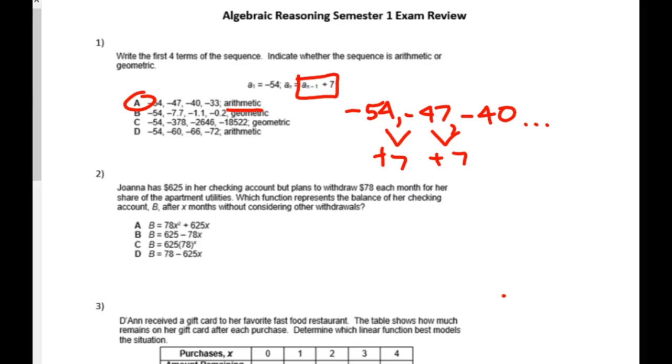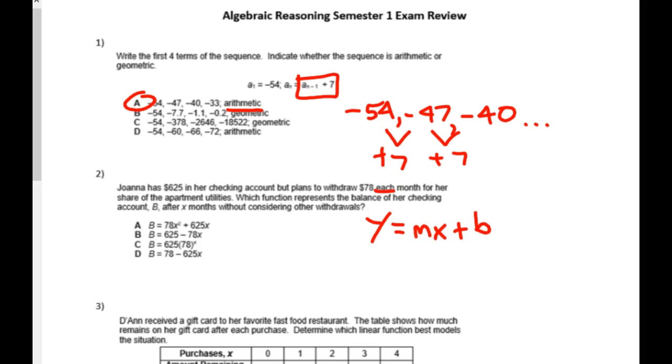Okay, Joe has $625 in her checking account, but plans to withdraw $78 each month. Now, this has a constant and a changing amount. That is definitely a linear equation.